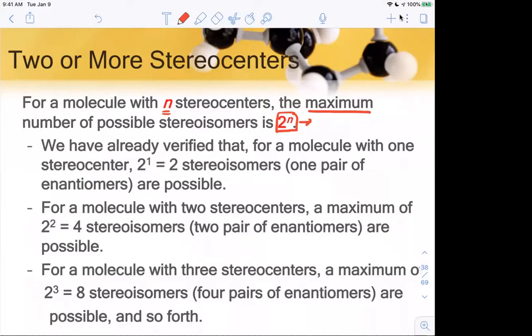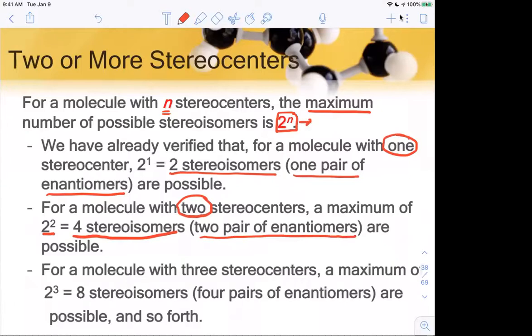Remember, if my molecule only has one stereocenter, I get two stereoisomers, which is one pair of enantiomers. Here's where we're going to focus next. If I have two stereocenters, I can get up to 4 stereoisomers. I actually get 2 pairs of enantiomers that are possible.